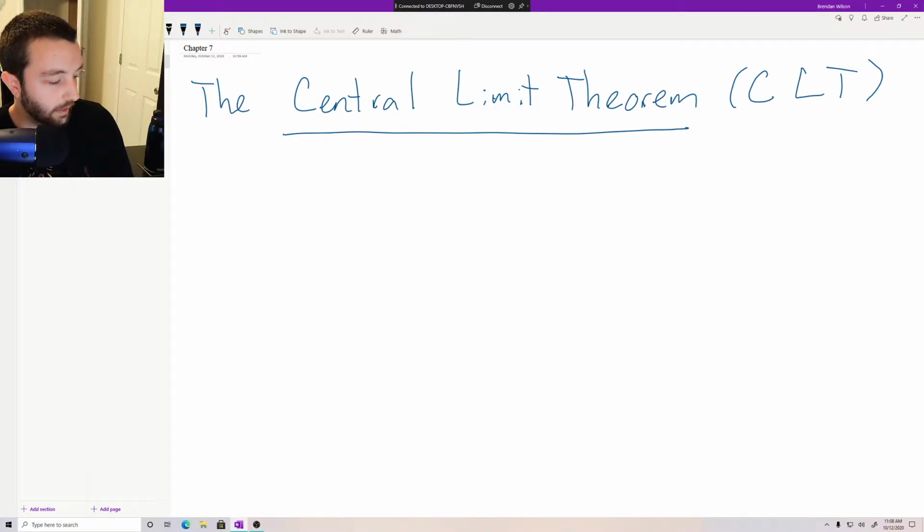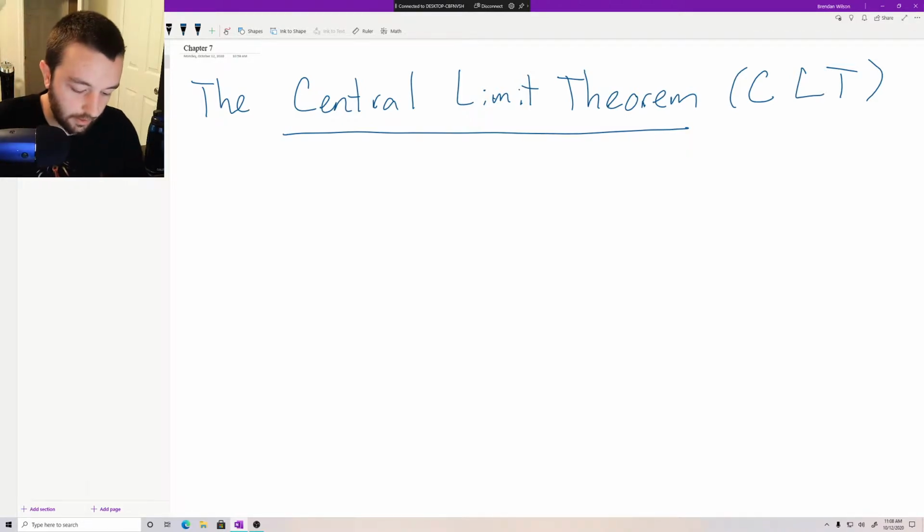There's two kind of forms of the theorem, and they both have to do with means. So let's look at the two ways it is stated. Okay.